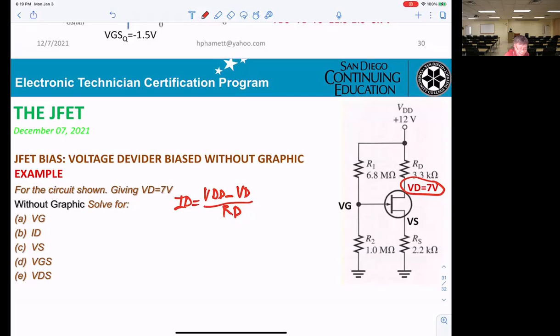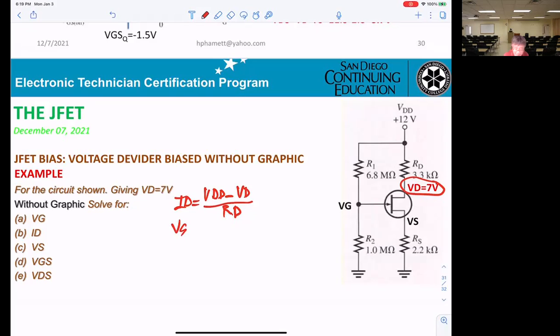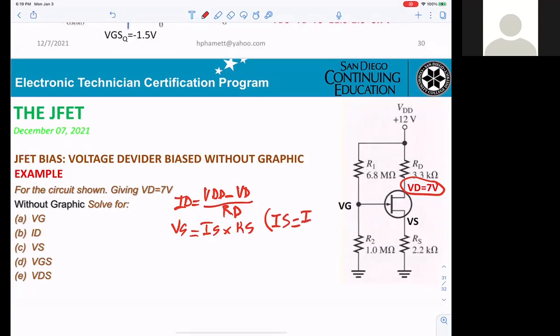Now, question C. What formula to calculate the VS? ID times RS. ID times RS. Exactly. IS times RS. And you understand, IS equal ID. That's the answer I want.